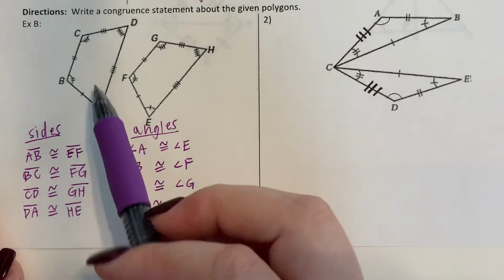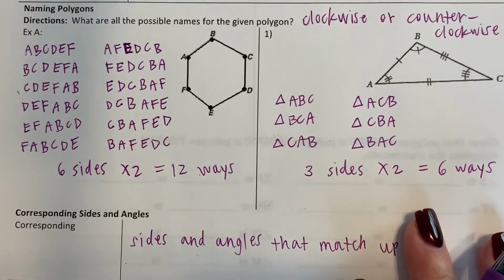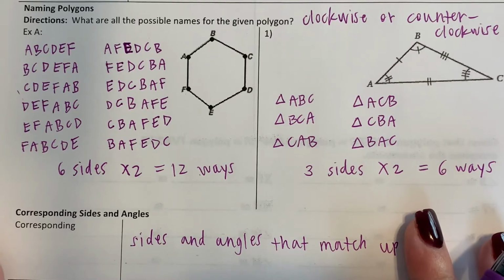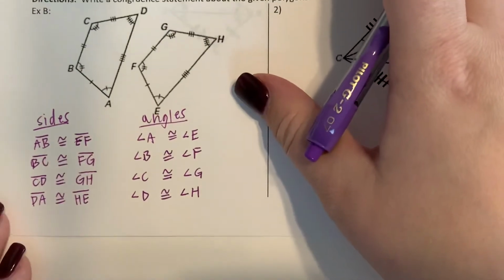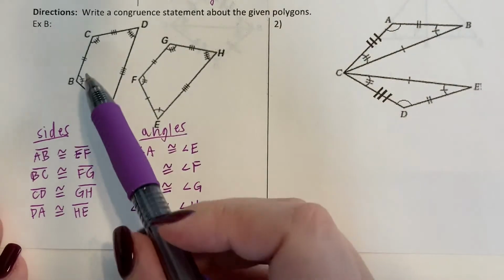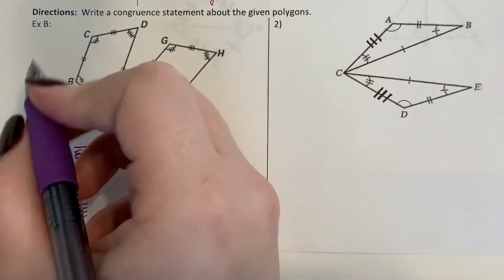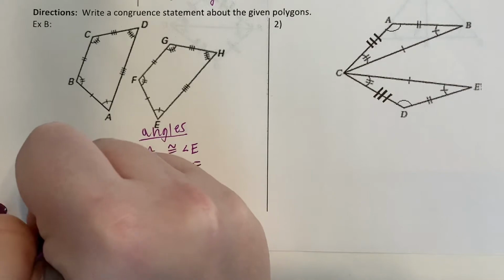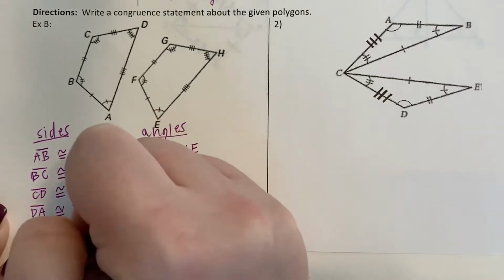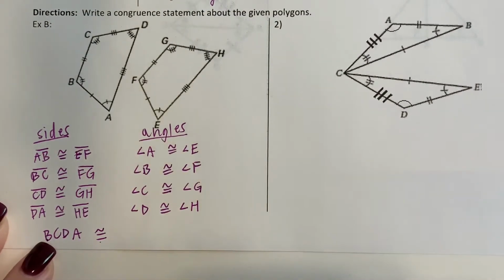So we're going to title this polygon similar to how we did up here, how there are different ways you could title the polygon. We just need to pick one way and we have to be consistent. So for example, if I start titling this polygon right here at point B and I go around the polygon like this and I call it polygon BCDA, then when I list how it is congruent to the other polygon, I need to be consistent.